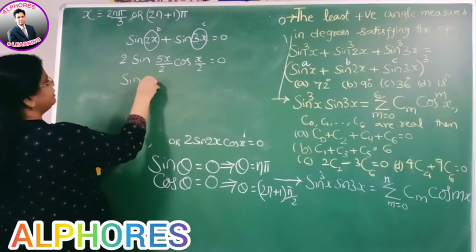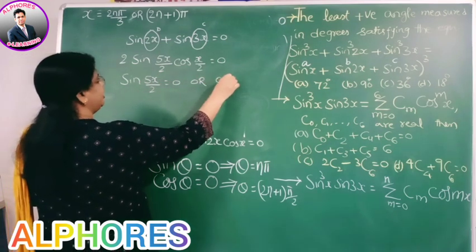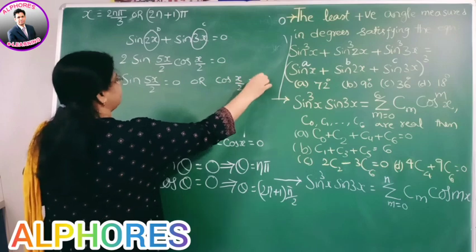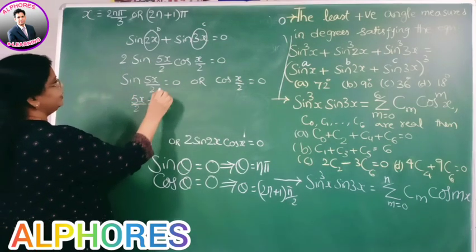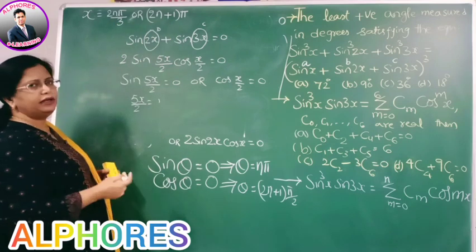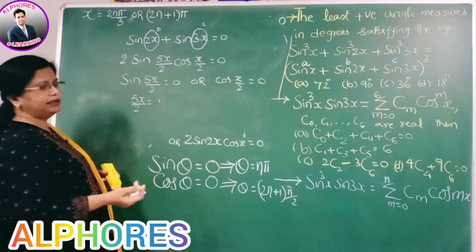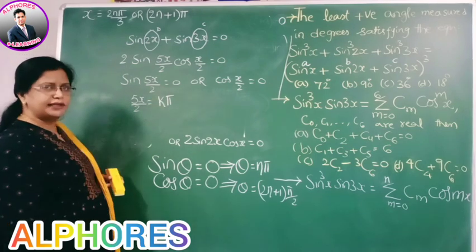Sin 5x/2 is 0 or cos x/2 equal to 0. So now sin 5x/2 is 0 implies 5x/2 is n pi, and already you have used the same n. You can use the same n or you may use any other notation also. Suppose I am taking another notation as k pi.